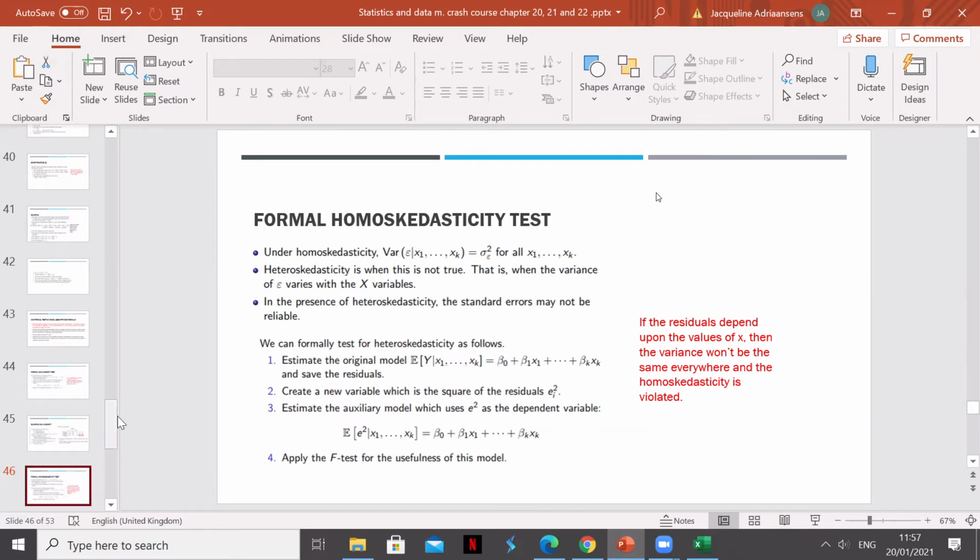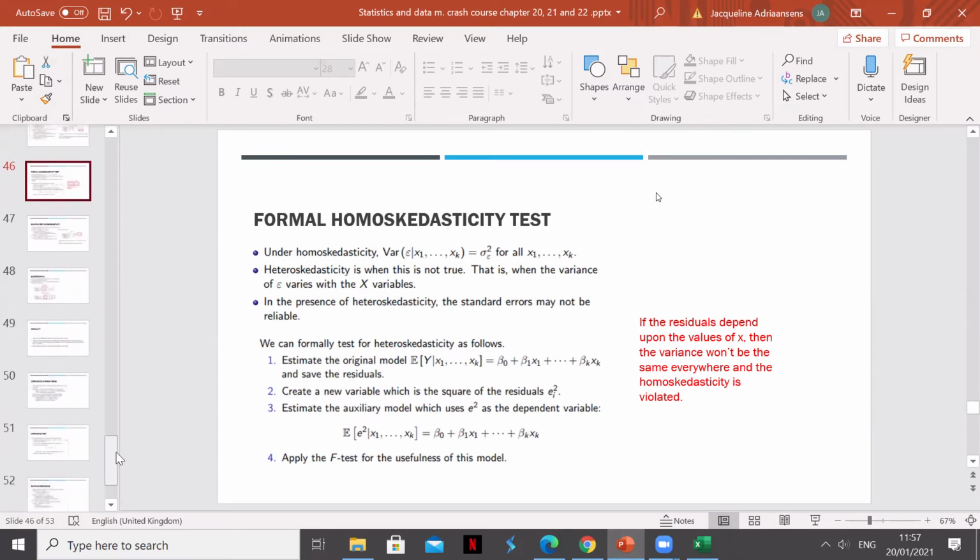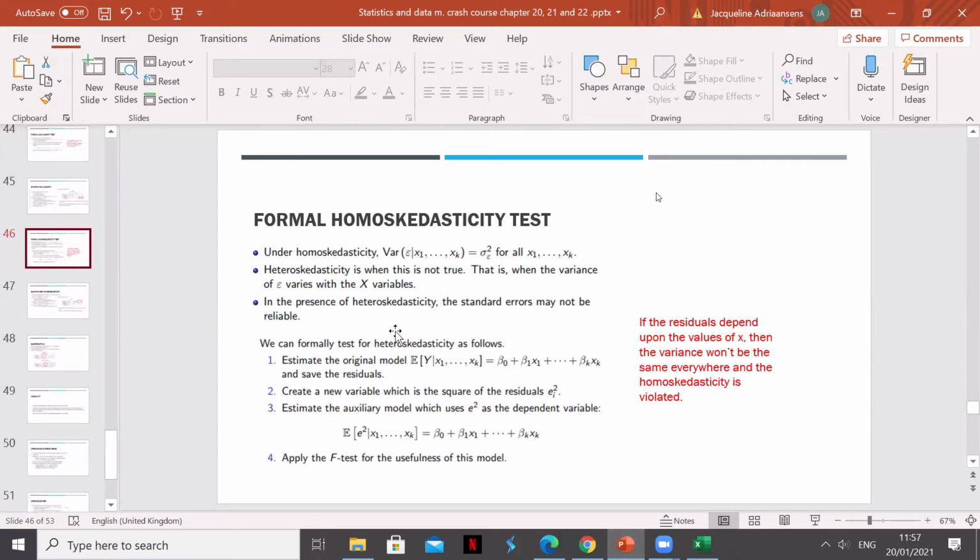How do we test it? We can test it formally in SPSS. So we are going to look at the steps again. Again, you estimate the original model. This is our original model. And you save the residuals. Why would you save the residuals?